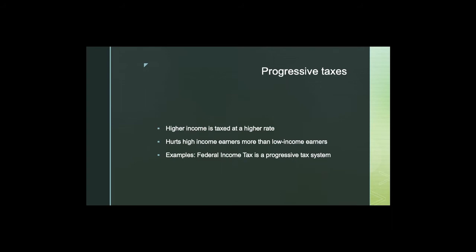An example of a progressive tax, well, quite frankly, is our federal income tax system. Our federal income tax system is designed as a progressive tax system, so that as you earn more money, you move into a higher tax bracket and a higher percentage of your income is then taxed. We'll get to that in greater detail as we keep going through this deck.